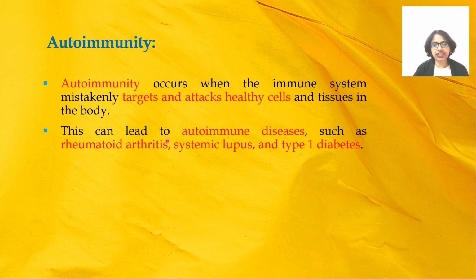Because of this condition, autoimmune diseases develop. Some examples we can note here are rheumatoid arthritis, systemic lupus, and type 1 diabetes mellitus. Because of the autoimmune conditions, a person may have various symptoms according to their disease condition.